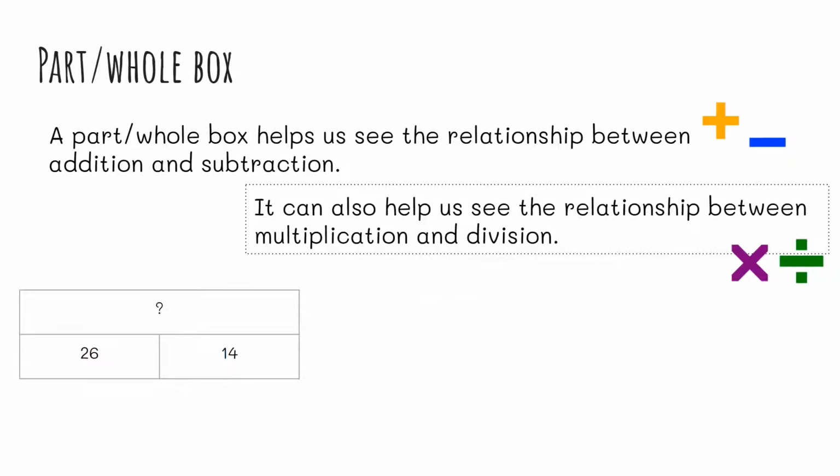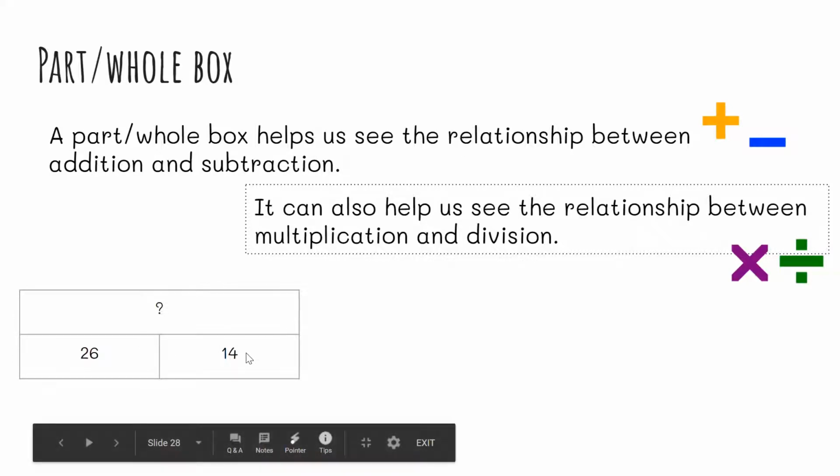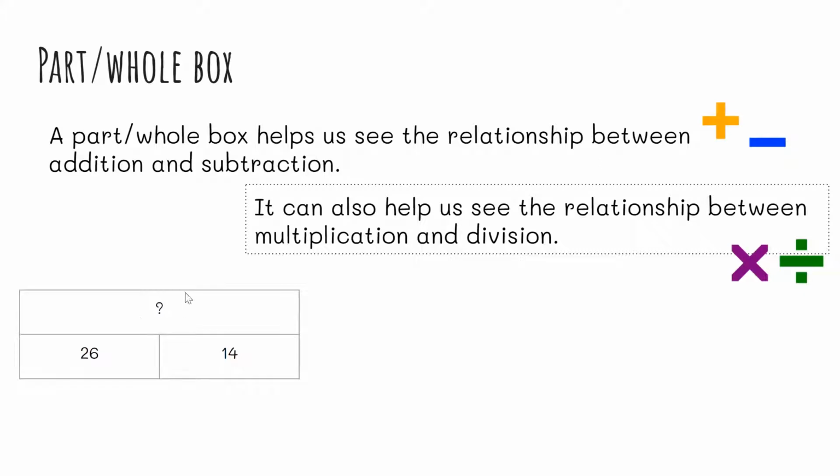So if we have the numbers 26 and 14, those are two parts of the whole. What do you think the whole number is? If 26 and 14 are two parts of the whole number, what is the whole number?